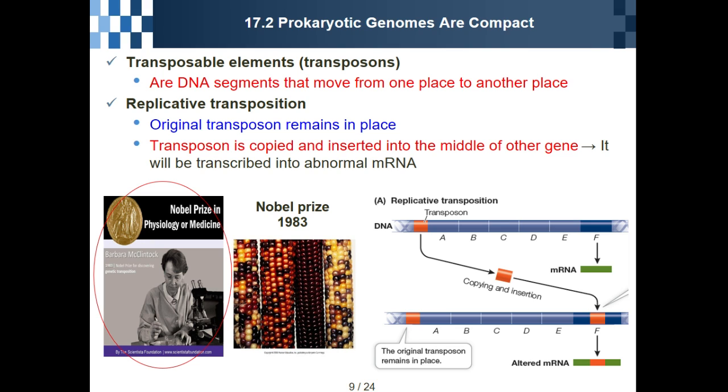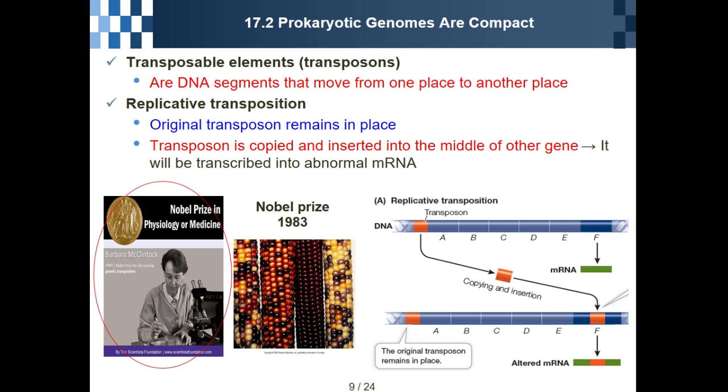A transposable element can move from one place to another place in the genome. This is one example. There are several transposition mechanisms by transposons, but I will cover only one mechanism. We call it replicative transposition.